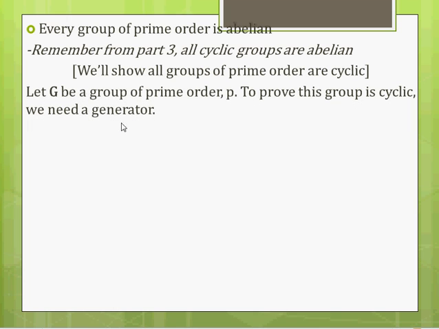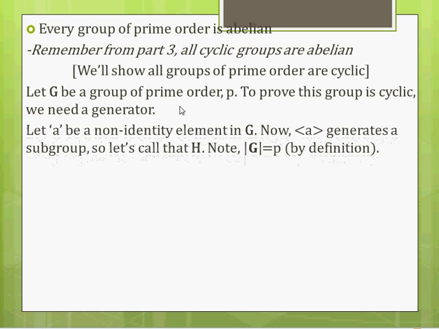So let's set it up. Let G be a group of prime order P, and to prove it's cyclic, we need a generator that generates the whole group. I'm going to call that element A. This is going to be our generator, and we're going to let it be a non-identity element, so any element that's not the identity.